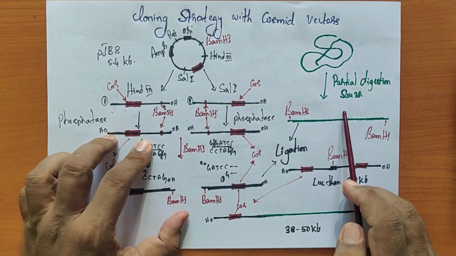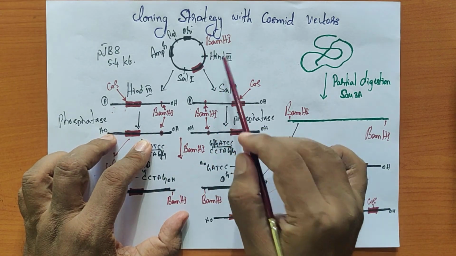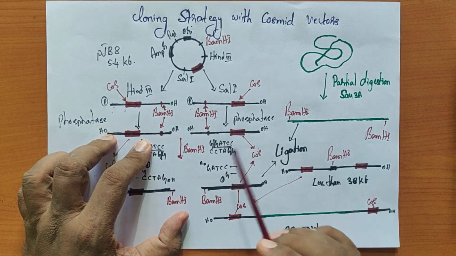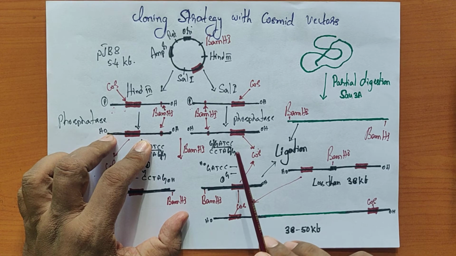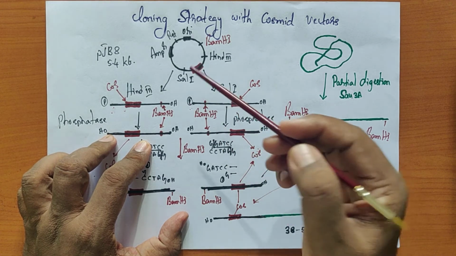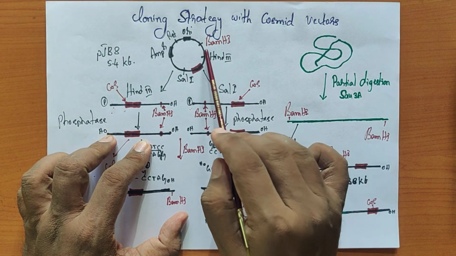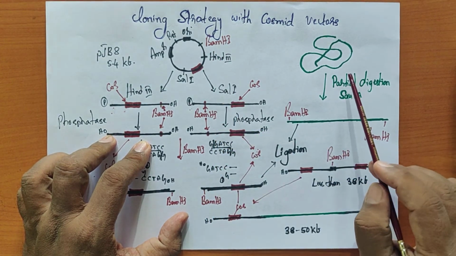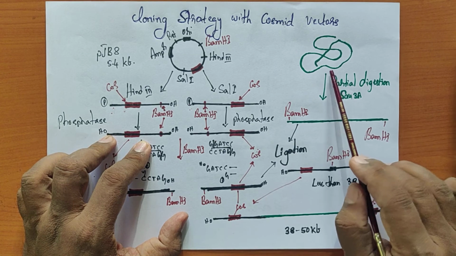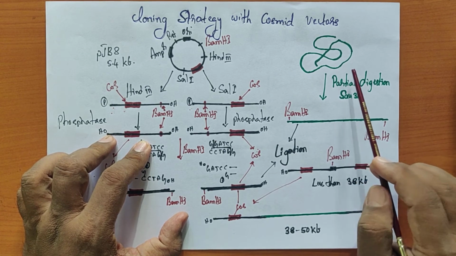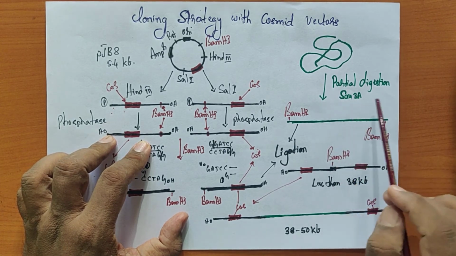Okay. Now the difference is that BamHI recognizes only a 6 base pair sequence, and that is quite frequently available. So as a result, BamHI is not used to cleave eukaryotic DNA because it will generate a lot of smaller fragments.